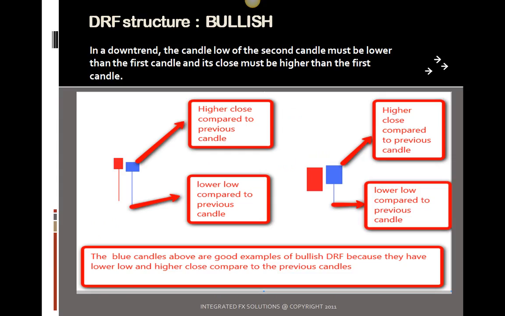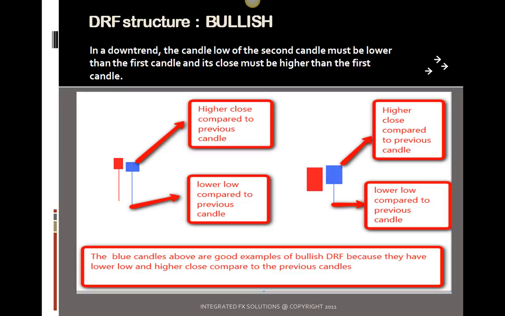The next to be discussed is bullish DRF. Bullish DRF is the opposite of bearish DRF. They are very good at the bottom of a trend, and when they are seen around key levels, most likely they are going to reverse the trend.